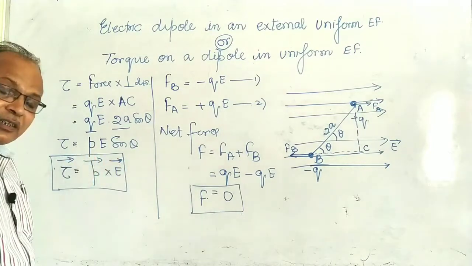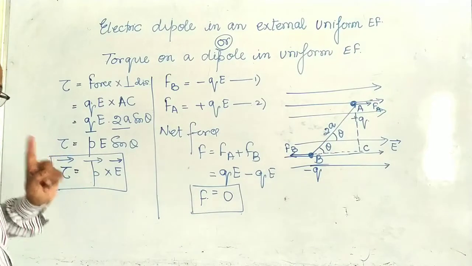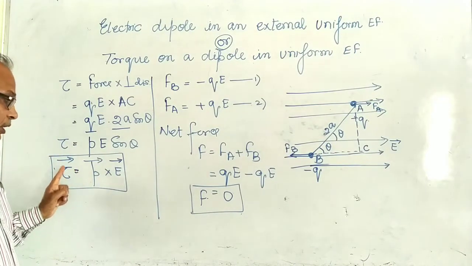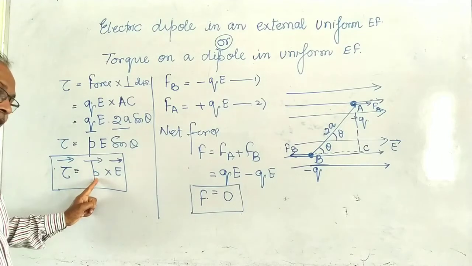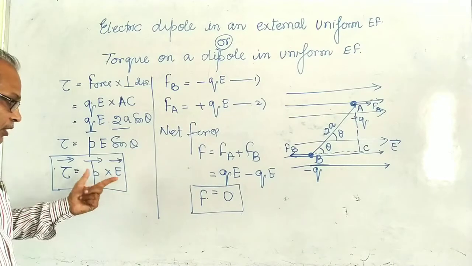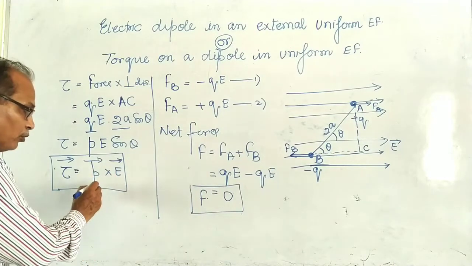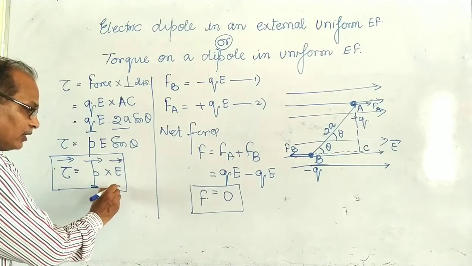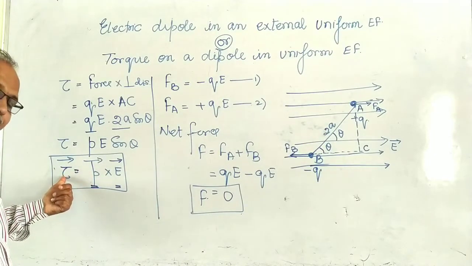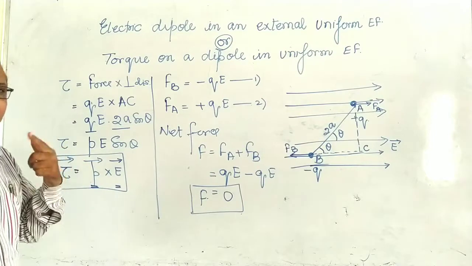This is also a vector. And remember, the direction of the torque is always perpendicular to the dipole moment and the electric field. The torque is perpendicular to the plane consisting of the dipole moment and the electric field. This is the vector representation.